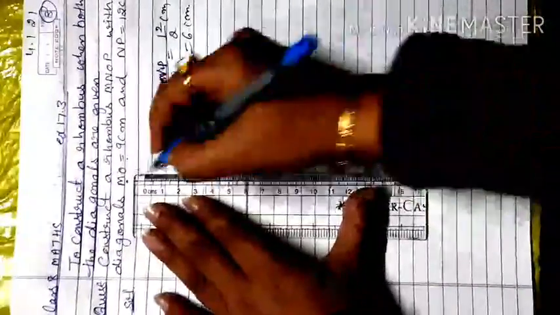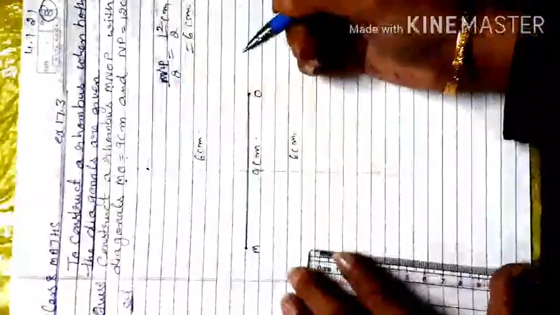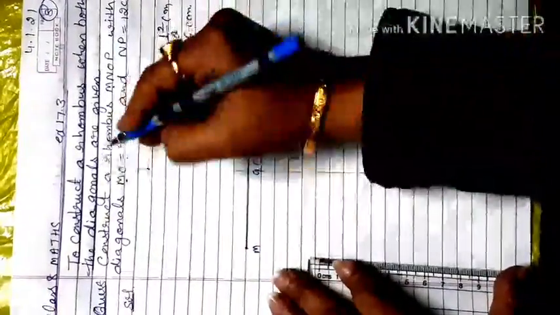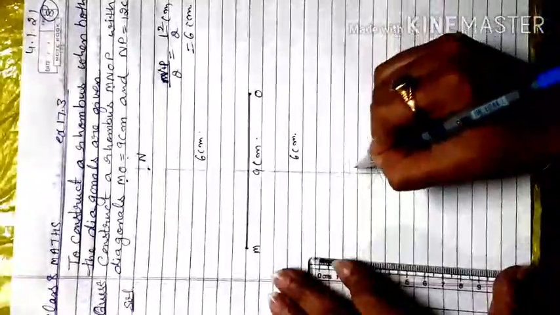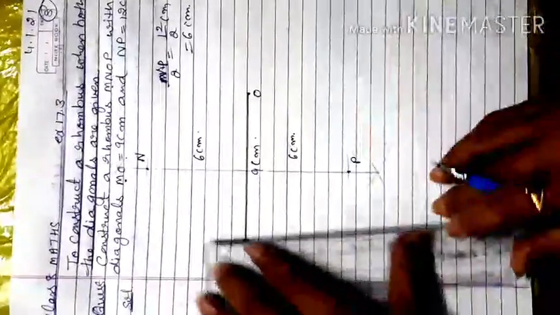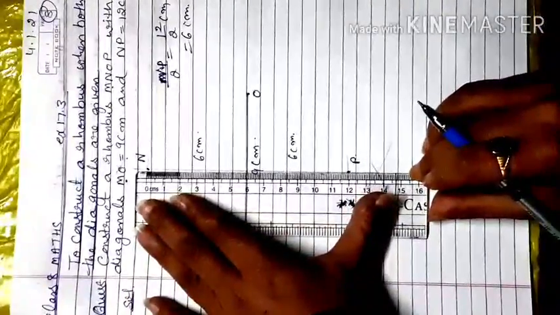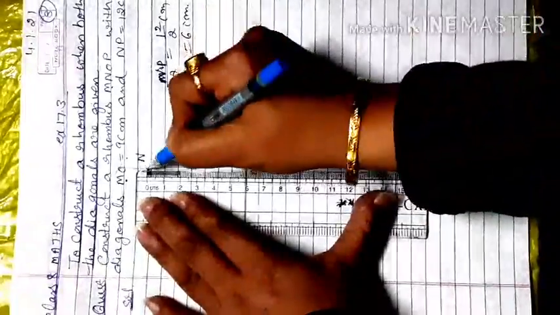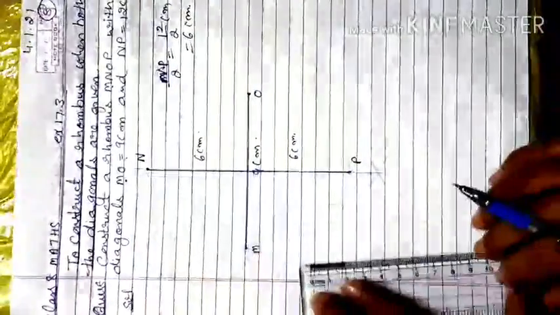So here now you join. Because your figure is MNOP, this will be your N point and this will be your P point. Now first you can join this diagonal, which will be 12 centimeter. You can check from the scale, NP will be 12 centimeter.